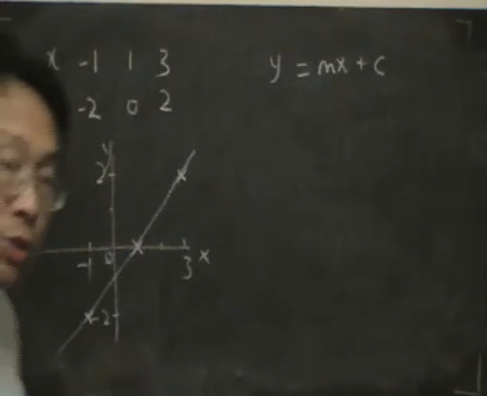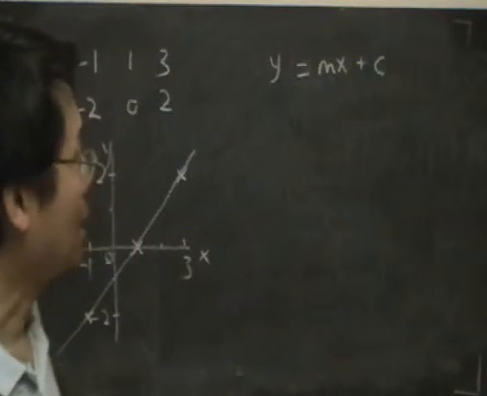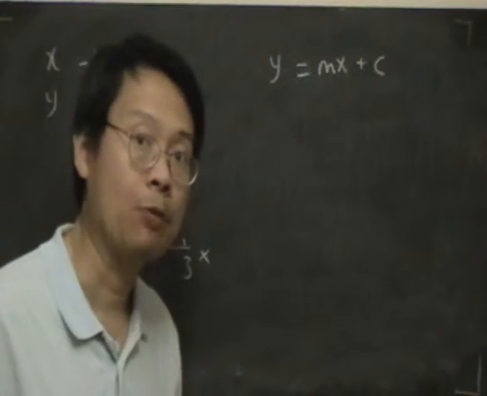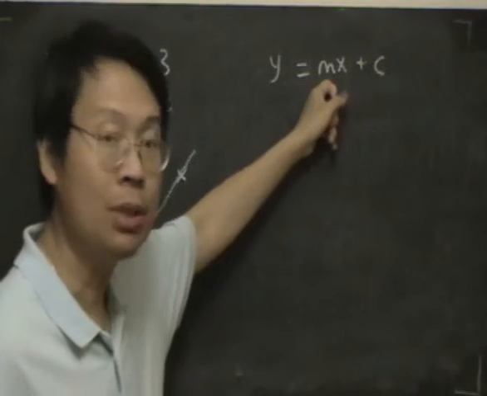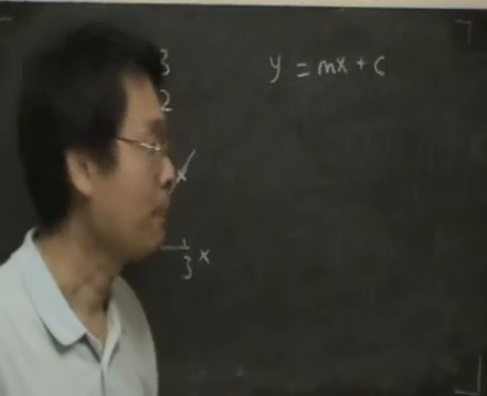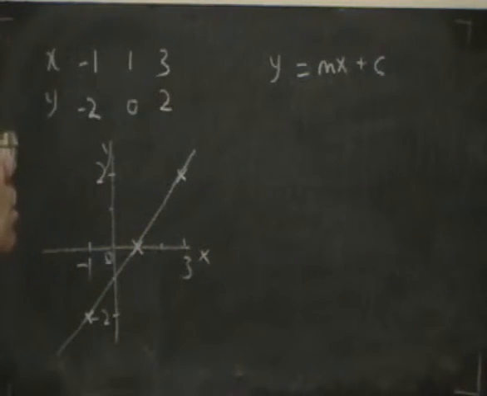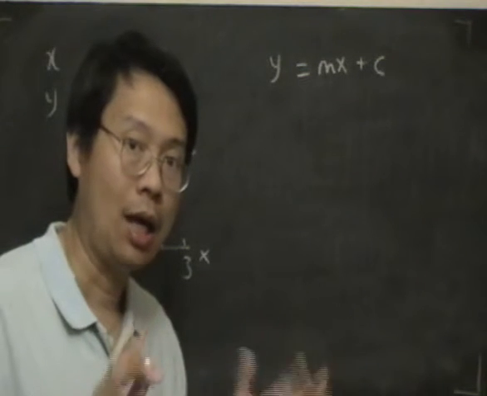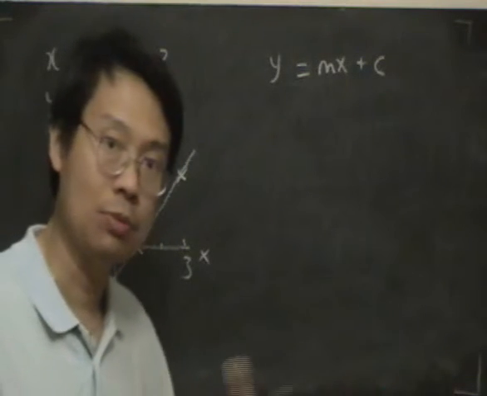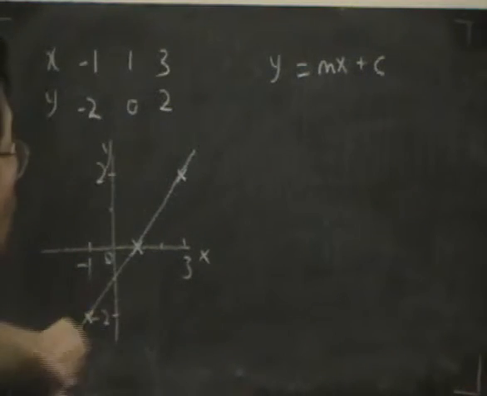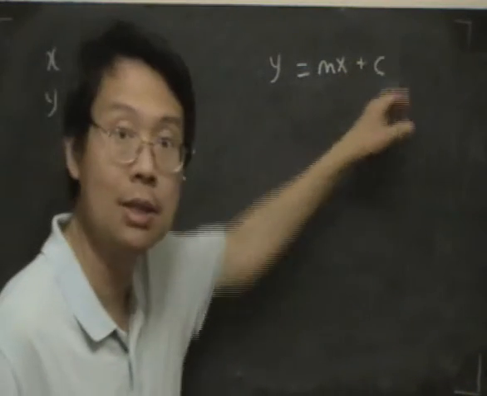Now in the last session, we have seen that if you plot a graph of a straight line, then the m here is the gradient, and the c here is the y-intercept. So this knowledge tells us how we can use the graph to find m and c.